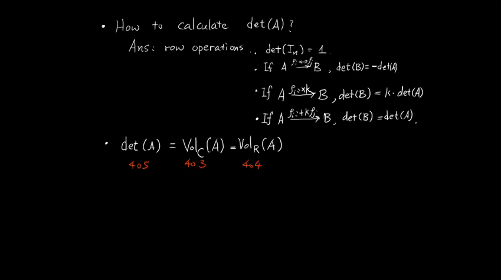Just to give you an example to show the difference between the last 2. Say you have the matrix A, and we always use this one because somehow it is just easier. We got 2, 1, and 1, 3. And all of us know the determinant of A is 6 minus 1, which is 5.